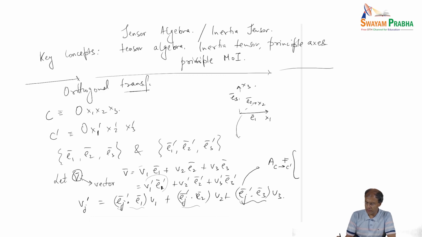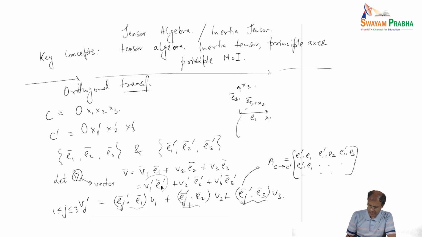Since j is between 1 and 3, we can write the three rows of the matrix, which will be of the form E1 prime with E1, E1 prime with E2, E1 prime with E3, and so on. We have E2 prime with E1 and so on. We can write all these elements, and this is our transformation matrix from one frame to the other.